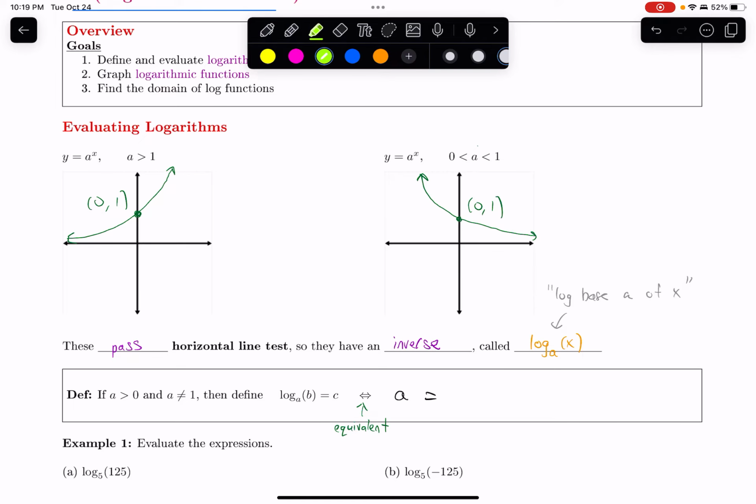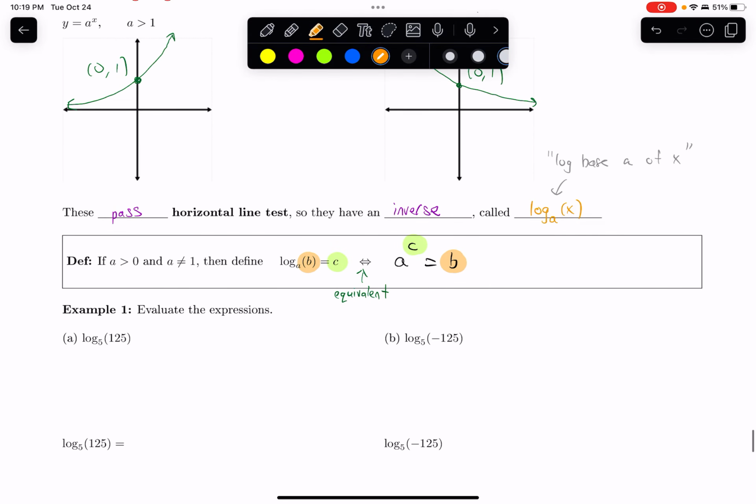Currently, b is the input of the log function, and c is the output. They switch spots. c becomes the input of the exponential, and b becomes the output of the exponential. Now I want to do some examples where we get a feel for what a log is and how we work out what log expressions equal.